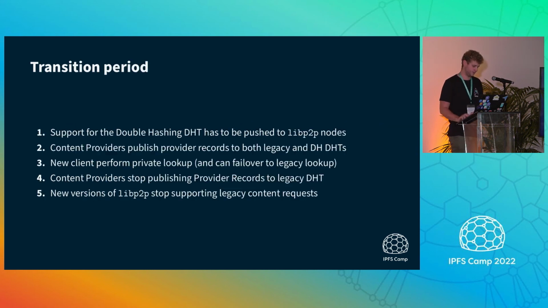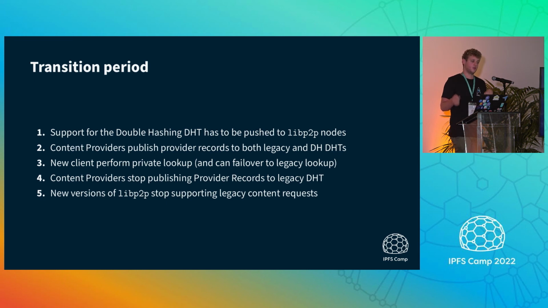Quickly, for the transition period, at the beginning we want to push support for the private request to the libp2p DHT server nodes. At the beginning, when there is not much adoption, the content provider will want to push content to both DHTs so that newer and older clients can find the content.